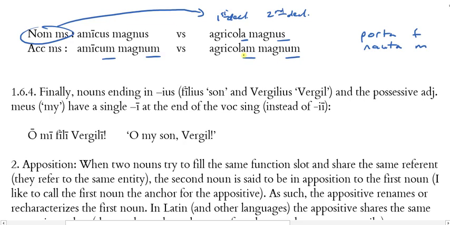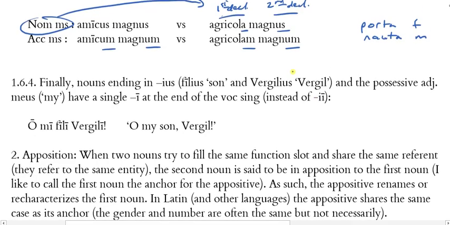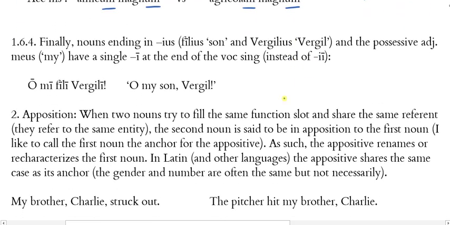And notice the a is here because it's first declension. The u is here because it's second declension, but they are both accusative masculine singular. They do match case, gender, number like they're supposed to. When I say they match case, gender, number, they have the same grammatical case, gender, number, even if they're not spelled the same way.